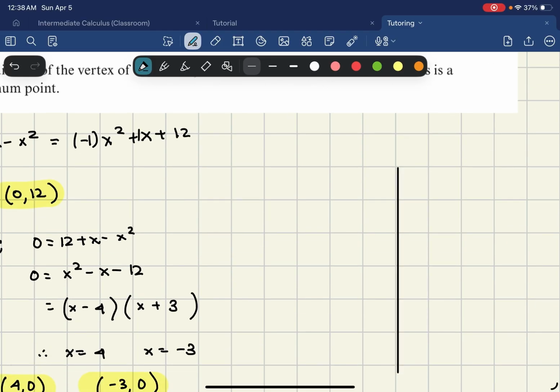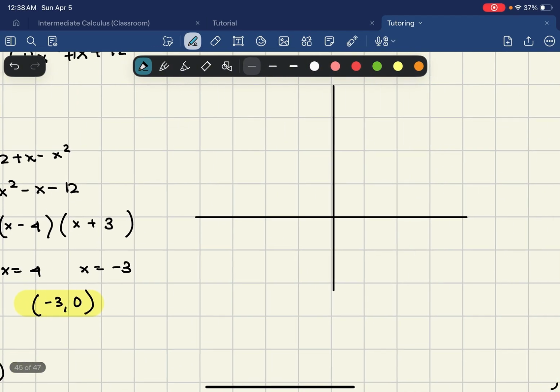So this is your graph. You have intercepts at, let's say this is negative 3 comma 0, this is 4 comma 0, right?